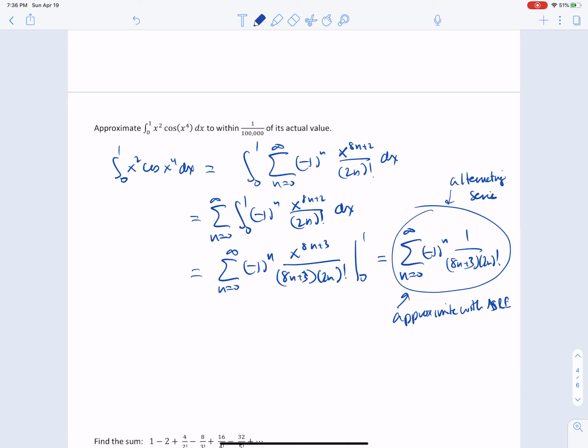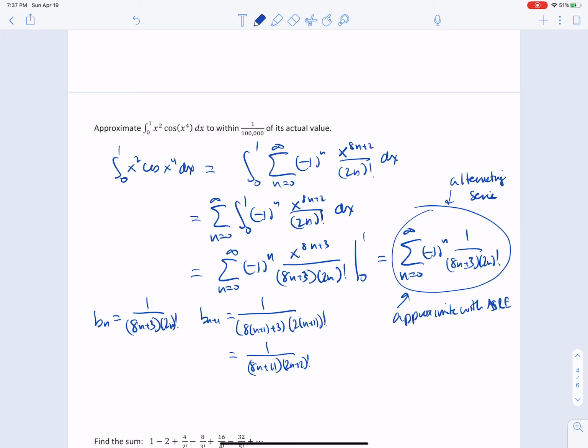Okay, well, let's see what we can come up with here. B sub n is that. So b sub n plus 1 is going to be found by replacing n with n plus 1. But I can do some distributing here. I'm going to get 8n plus 11 times 2n plus 2 factorial.